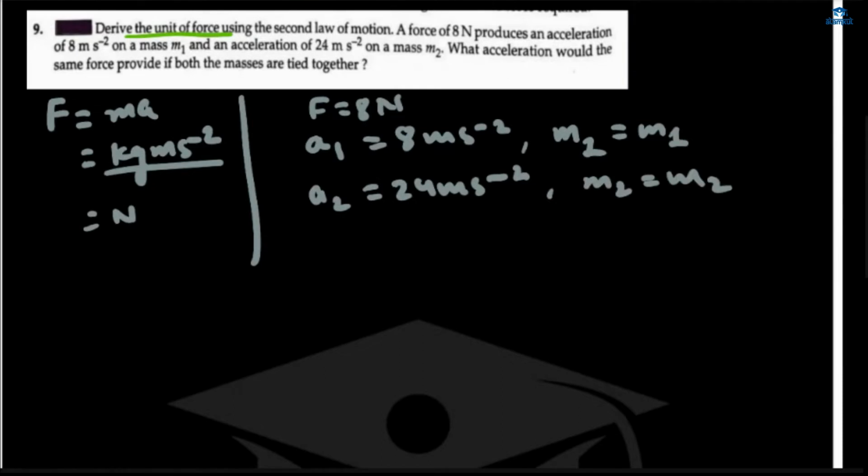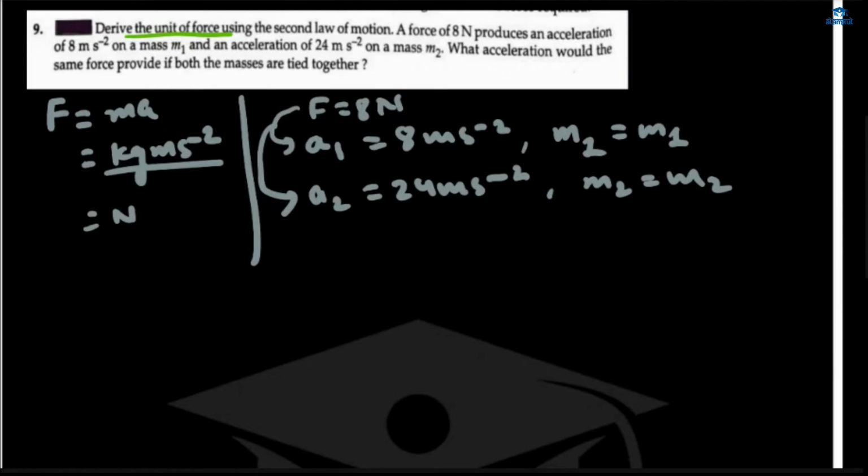What acceleration would the same force provide if both the masses are tied together? So if both the masses were tied together, then what would be the acceleration that will be provided? So this force is common for both of them, for mass 1 and mass 2.